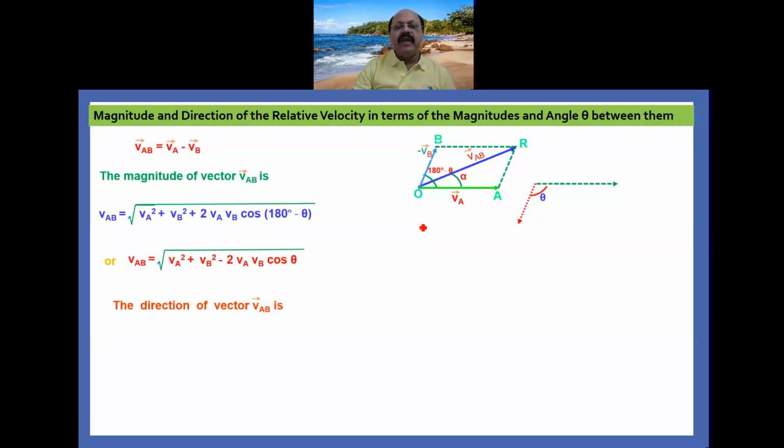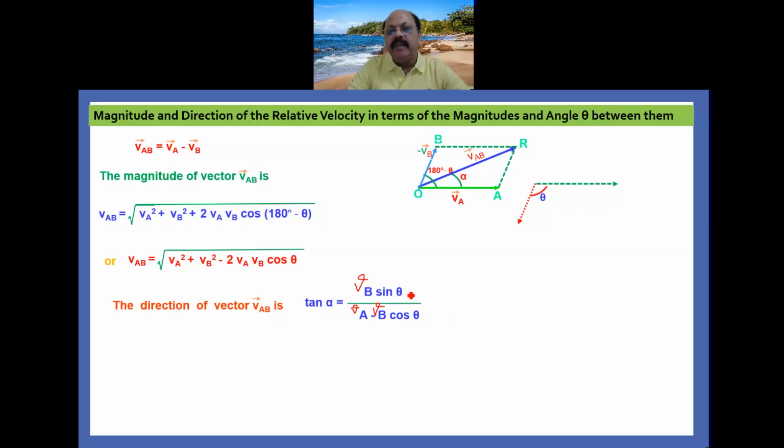The direction of the vector VAB is given by tan alpha equal to VB sin theta upon VA minus VB cos theta. That means VB sin(180 minus theta) upon VA minus VB cos(180 minus theta).